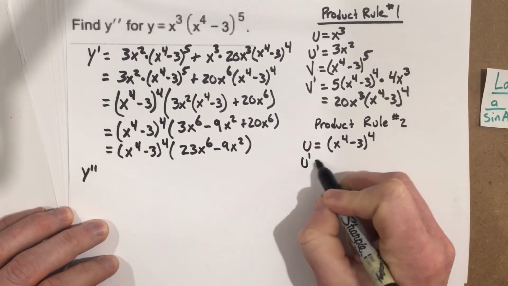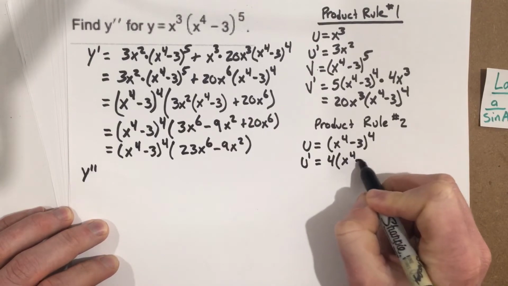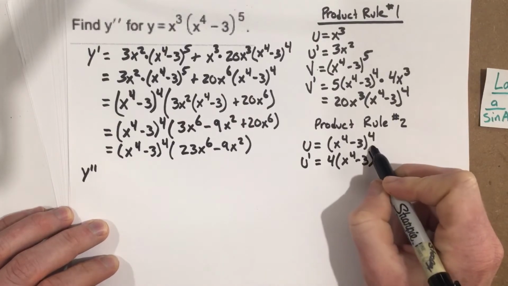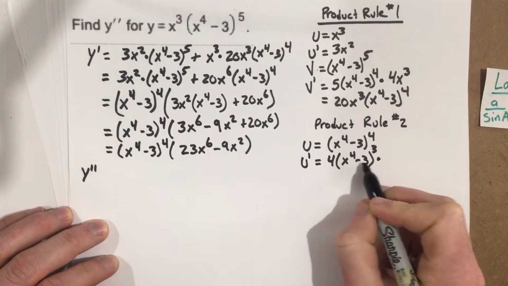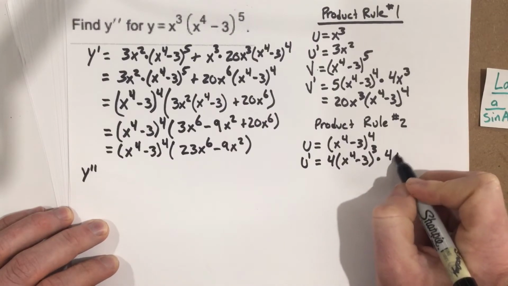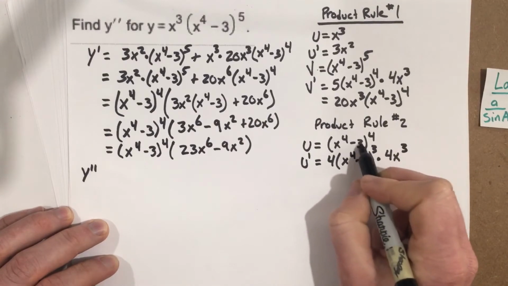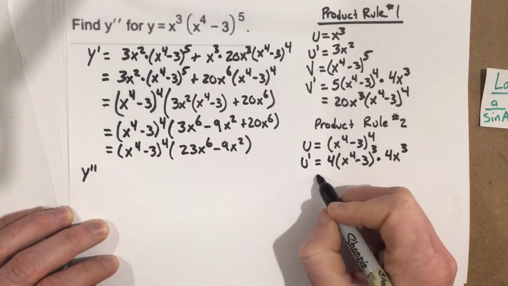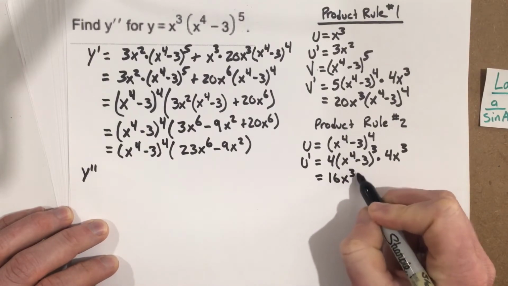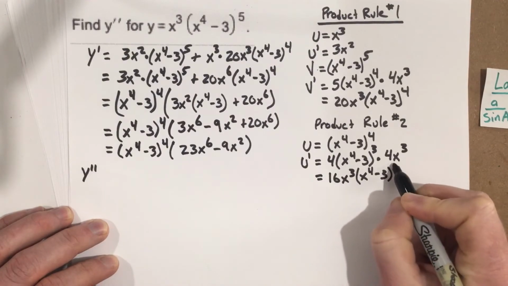The derivative of that is 4 times (x to the 4th minus 3) to the 3rd power, oops, I forgot the power here, times the derivative of the inside, which is 4x to the 3rd power, and the derivative of minus 3 is just 0. So we can write that as 16x cubed times (x to the 4th minus 3) cubed.